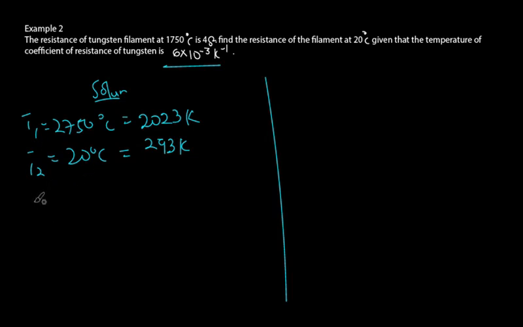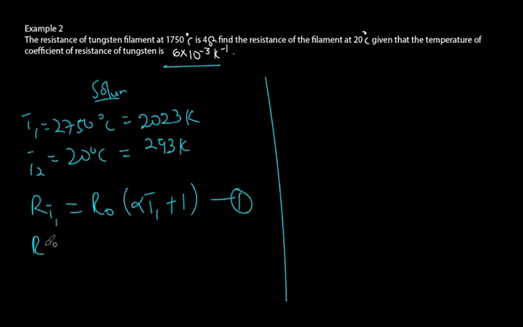Now let's write the expression for the first example. If we have RT1, that is the resistance at temperature 1, which is the 2023 Kelvin, it will be equal to R naught into bracket alpha T1 plus 1. This is our equation 1.